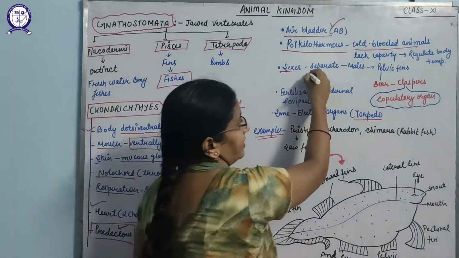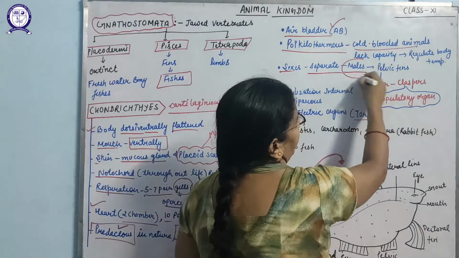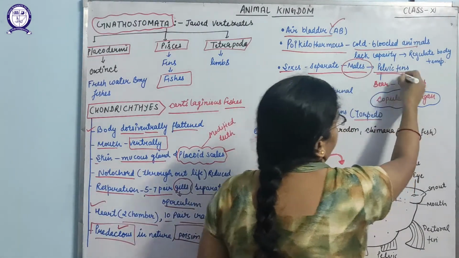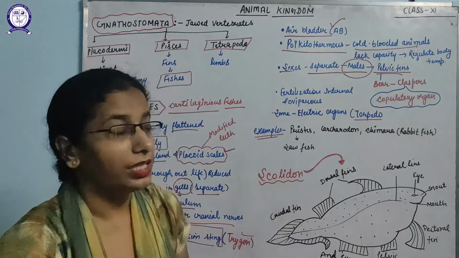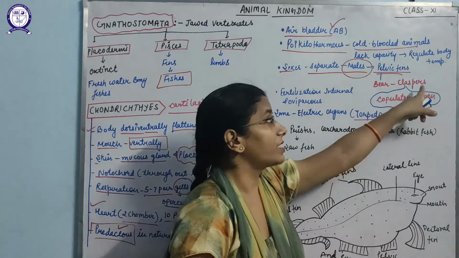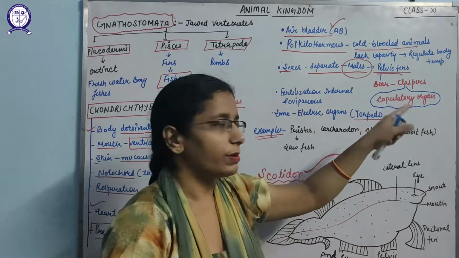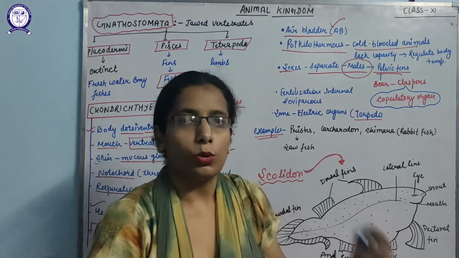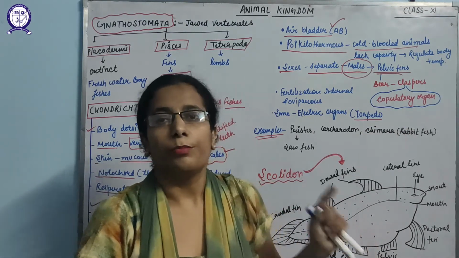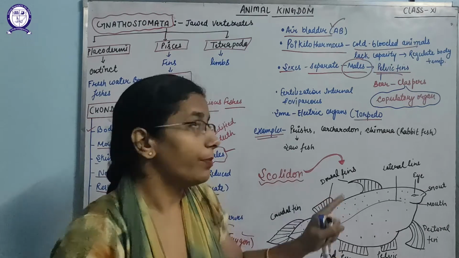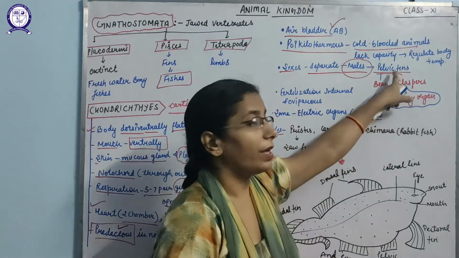The sexes are separate, but males have special structures, the pelvic fins, and these pelvic fins further bear claspers, which act as copulatory organs. Only male fish bear the claspers on the pelvic fins.